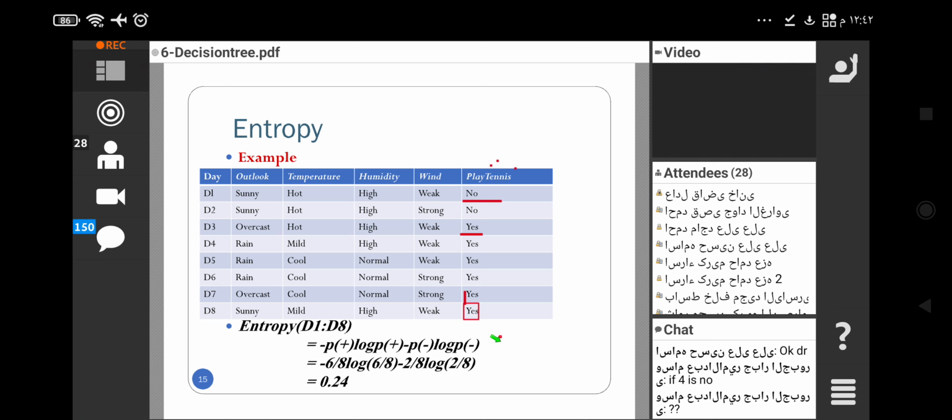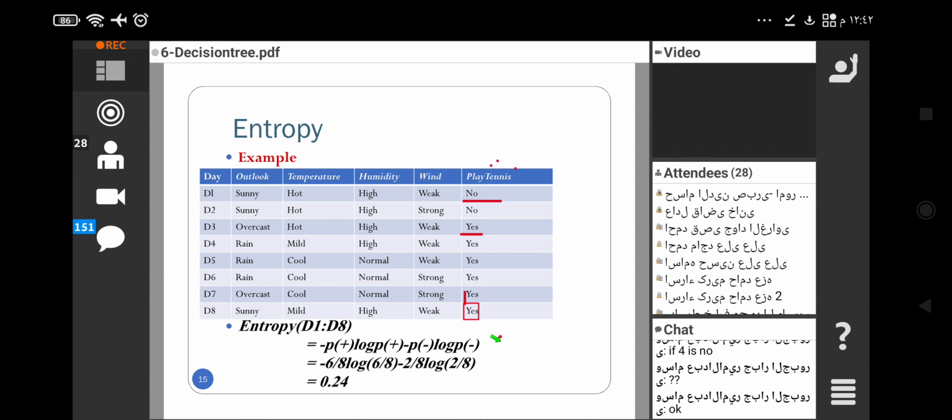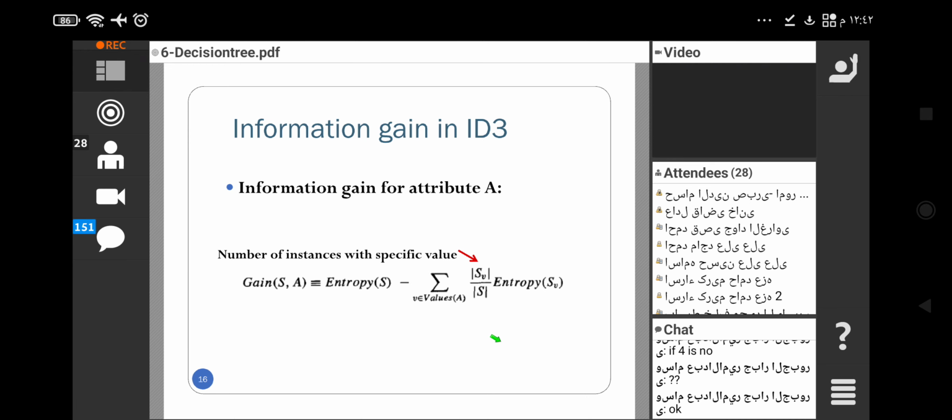Okay, so this is entropy. So we could calculate entropy on our data, and it has a formula. Okay, now we said that in ID3 it selects the feature based on information gain.